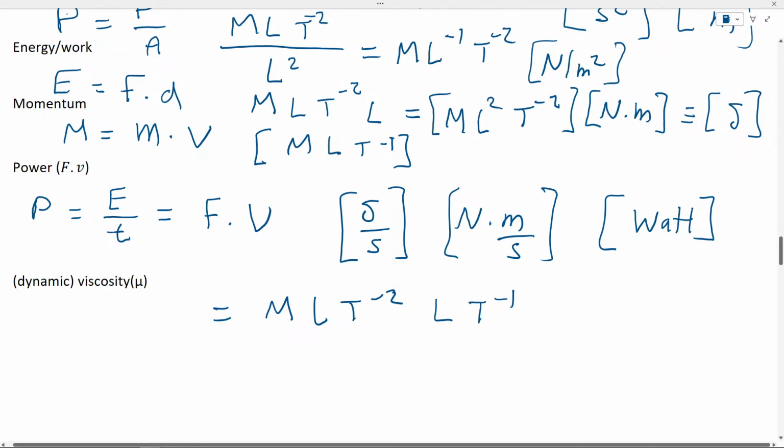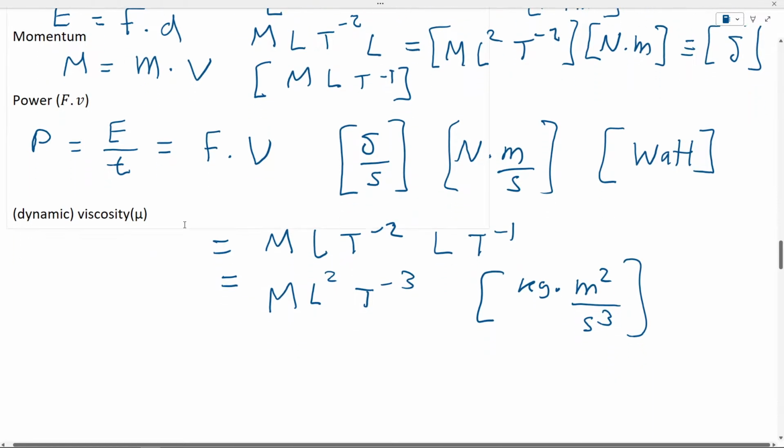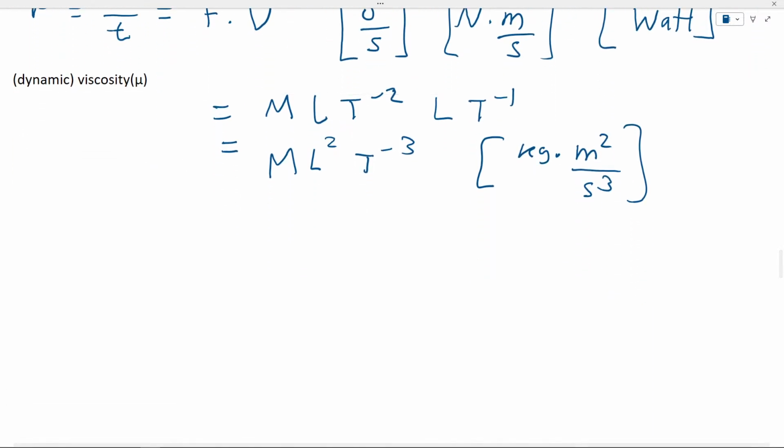So that will give M L^2 T^-3, kilogram meter square per second cube, which is watt, which is Newton meter per second, which is joule per second.